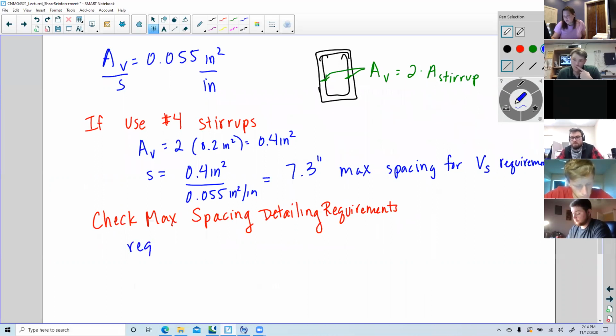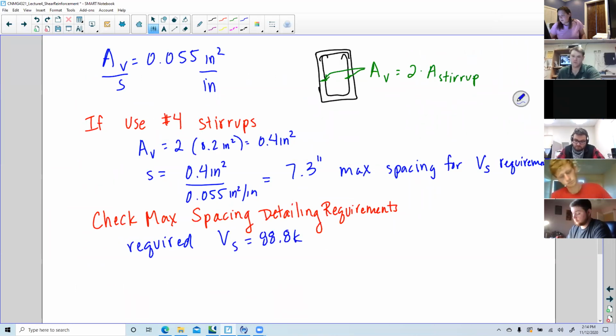My required Vs was 88.8 kips for 4 square root f'c bw d, which is 2 Vc.